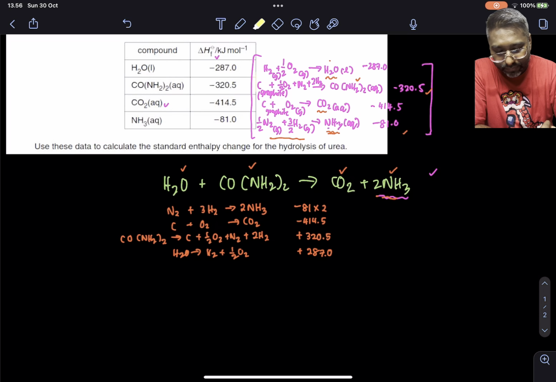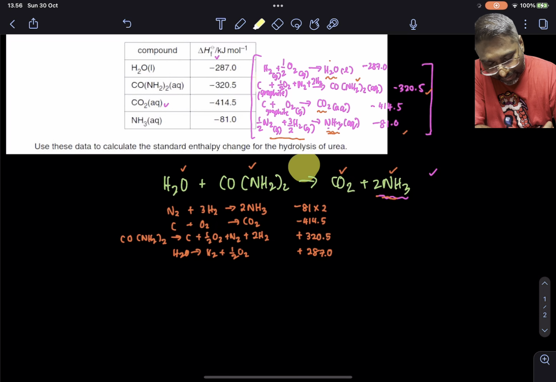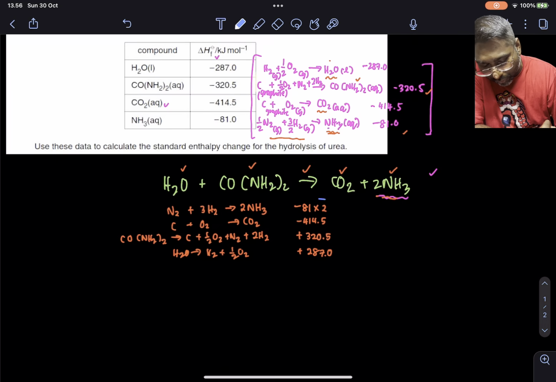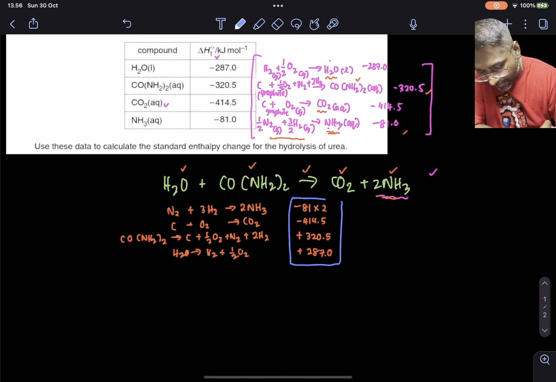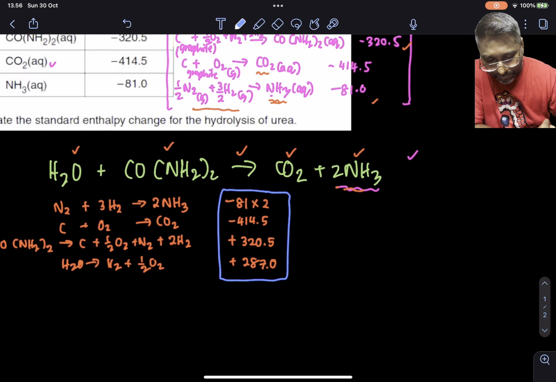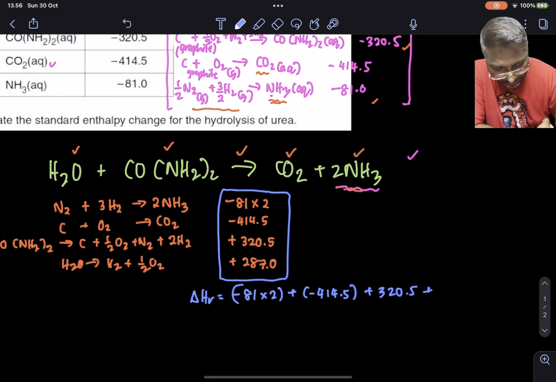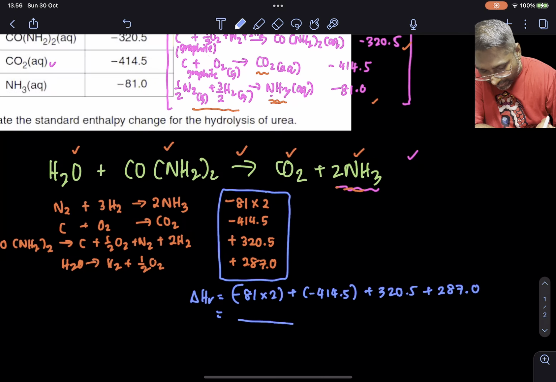So if you want this delta HR, it is going to be negative 81 times 2 plus negative 414.5 plus 320.5 plus 287.0. You will get the answer.